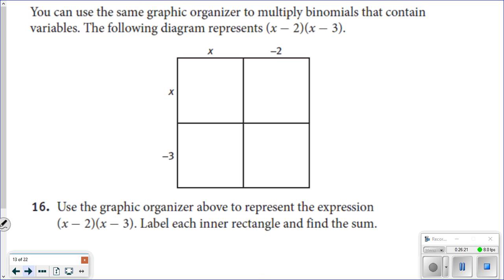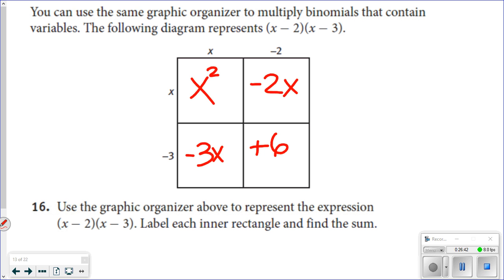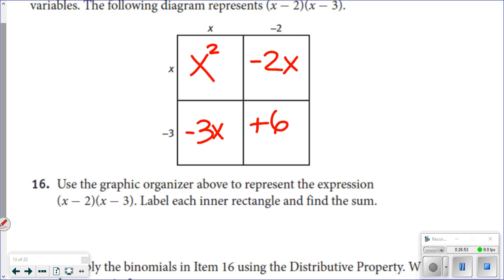So use this graphic organizer to multiply. Then we're going to get our answer here. Positive 6, emphasis on the positive there, because negative times negative is a positive. So now let's find the sum.